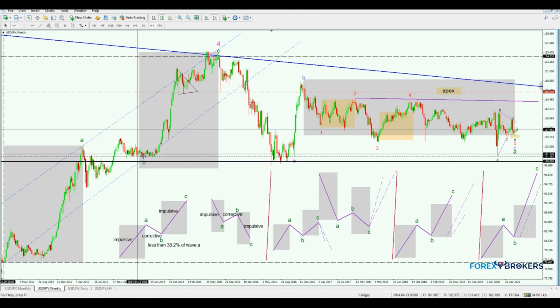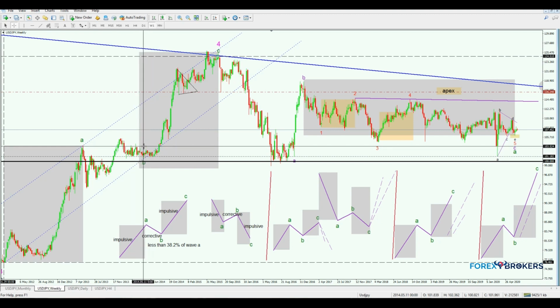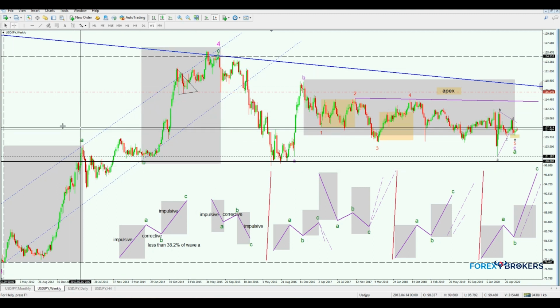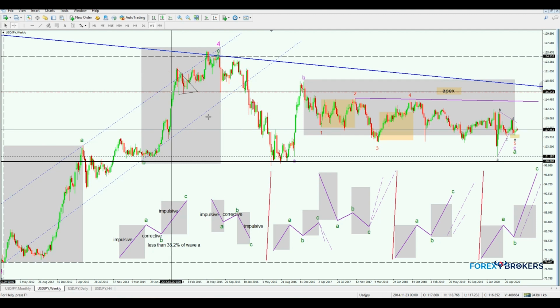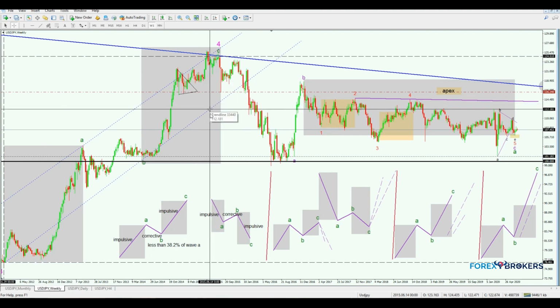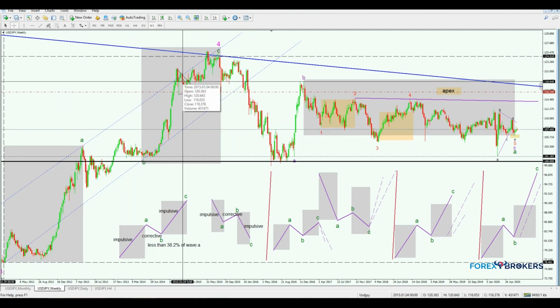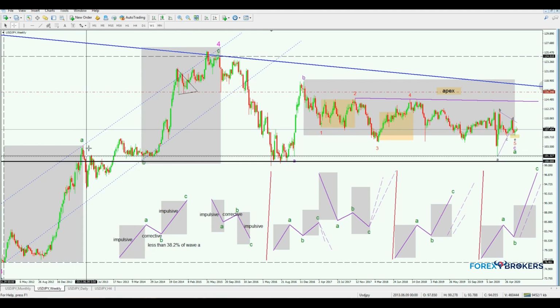As you can see, this is an approximation of time, not considering 1 or 2 or 3 candlesticks. So we can say: the time that it took for wave A to form equals the time that it took for the C wave to form. Waves A and C are impulsive, wave B is corrective, and wave B ends in the territory of wave A, with a minimum retracement of 1%.